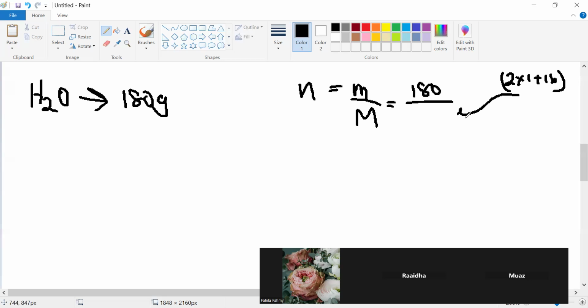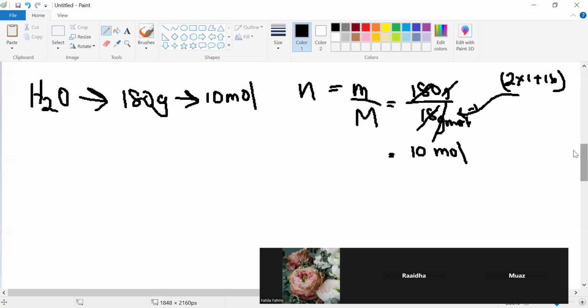So 18. 180 grams divided by 18 g mole minus 1. The g gets cancelled for g. So how much is it? 10 mole. So I know water: 180 grams has 10 mole. Now, back to the question.